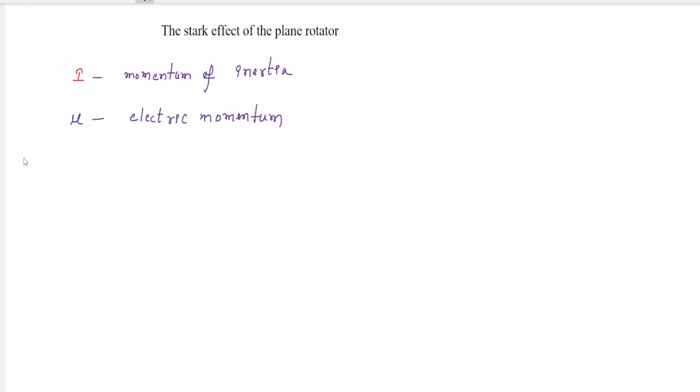So here I am considering one constraint: the rotator in a plane about an axis passing through its center of mass under the influence of this uniform electric field E.